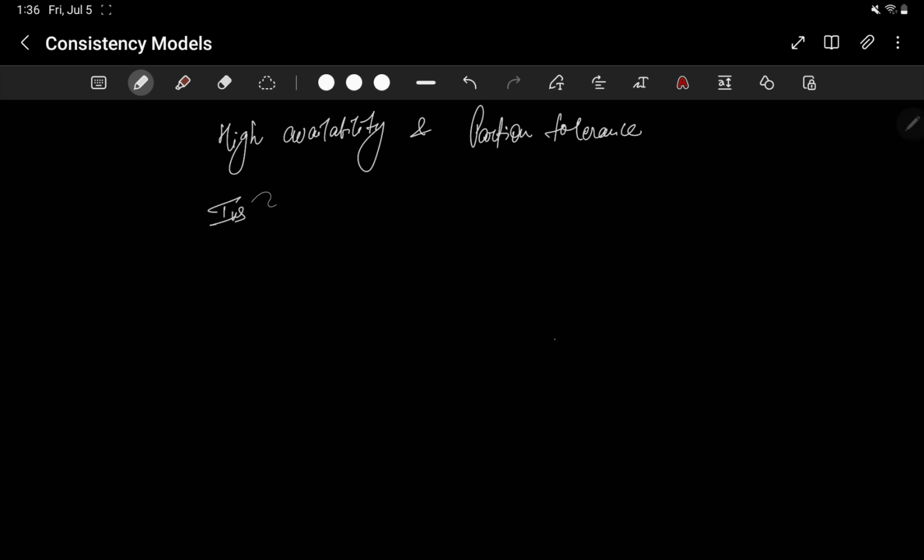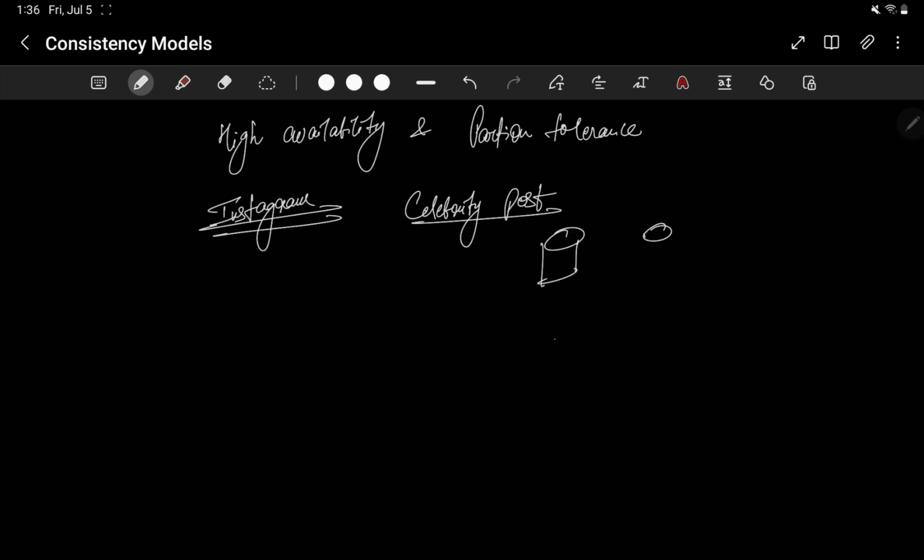Instagram. The best example that I can think of, I have given it in my other videos also. It is a celebrity post, and again, there are different database replicas: US, India, Australia.